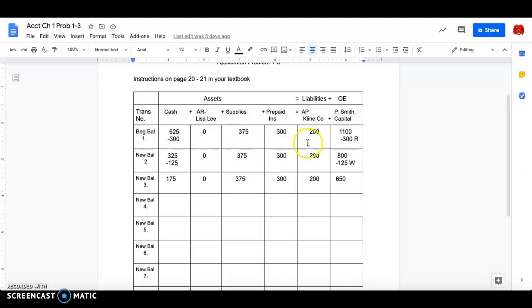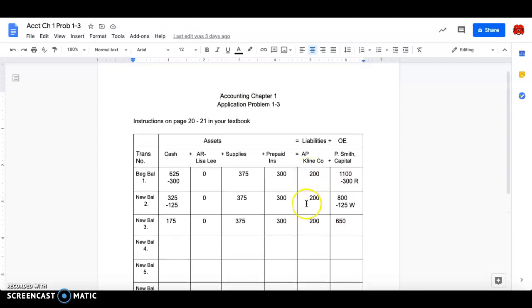And I did this wrong. I don't even know what I was looking at. I might have to make a couple edits on this. Okay, I must have been looking at something different, but we'll just change this.